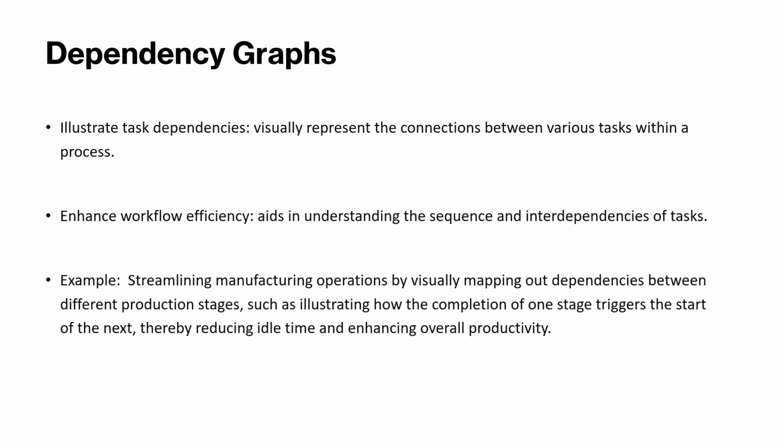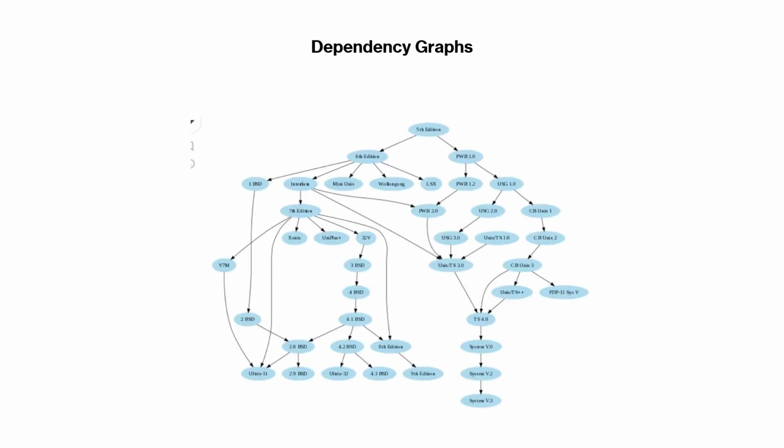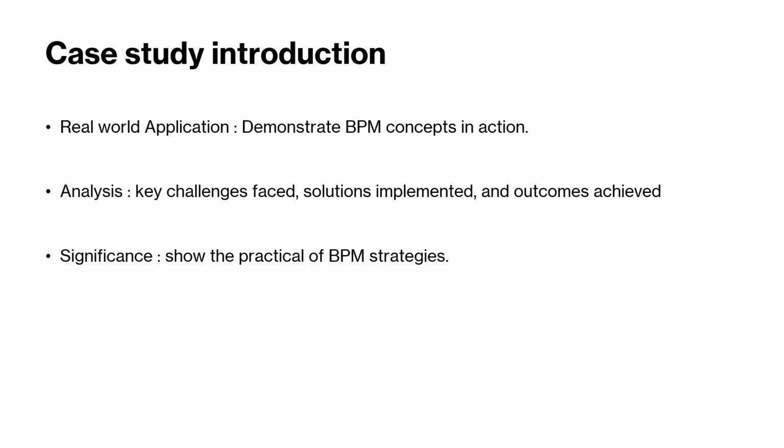For example, in manufacturing, a dependency graph can show how the completion of one task depends on another task, optimizing the workflow. So this is the graph representation of a dependency graph.